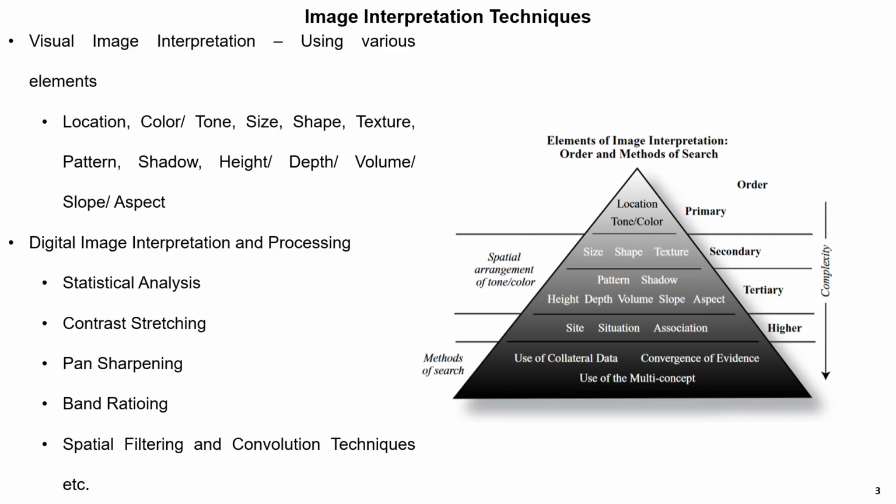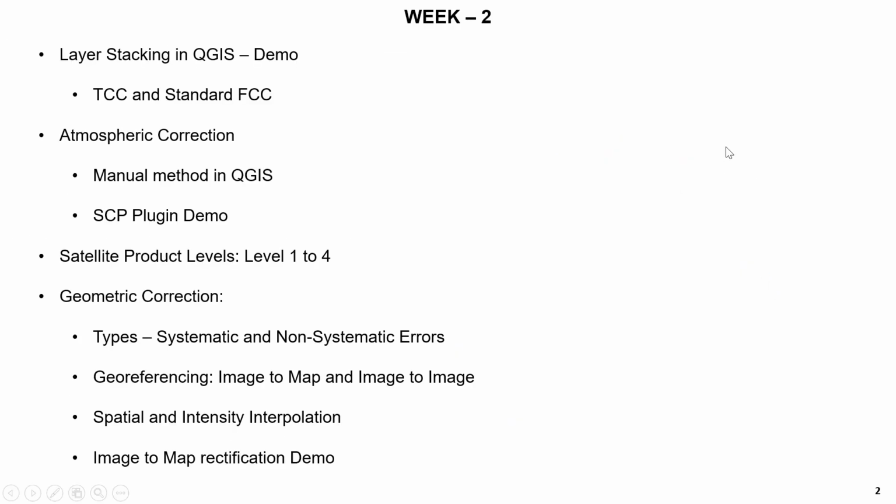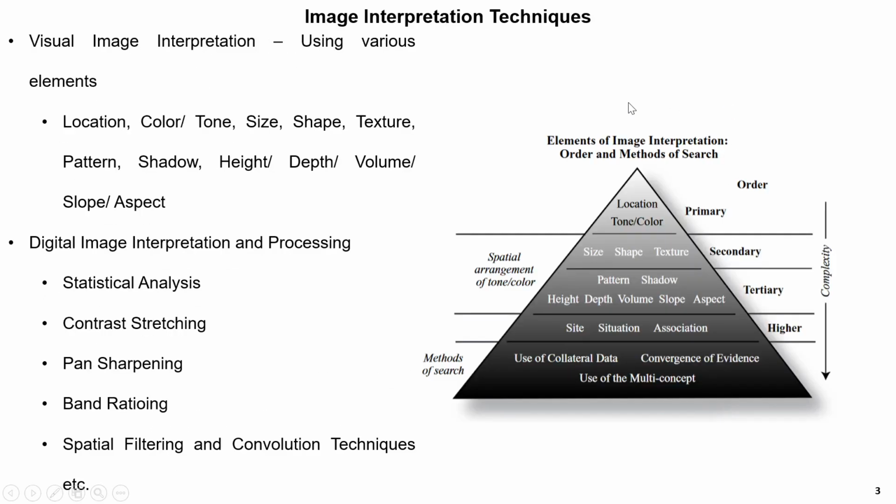By image interpretation, we mean we have two different methods. We can do it visually, or we can do it by means of statistical methods also. So first we'll quickly go through what are the things that are available in visual image interpretation.